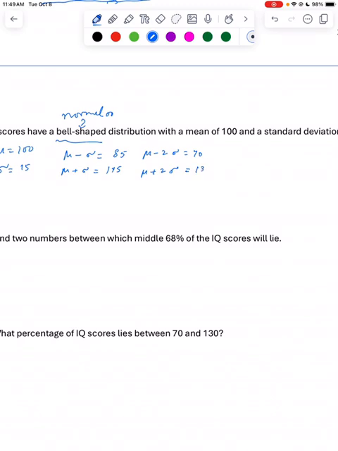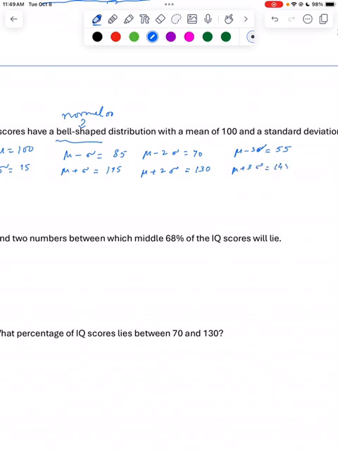Then mu minus 3 sigma will be equal to 100 minus 45, which is 55, and mu plus 3 sigma will be equal to 145.